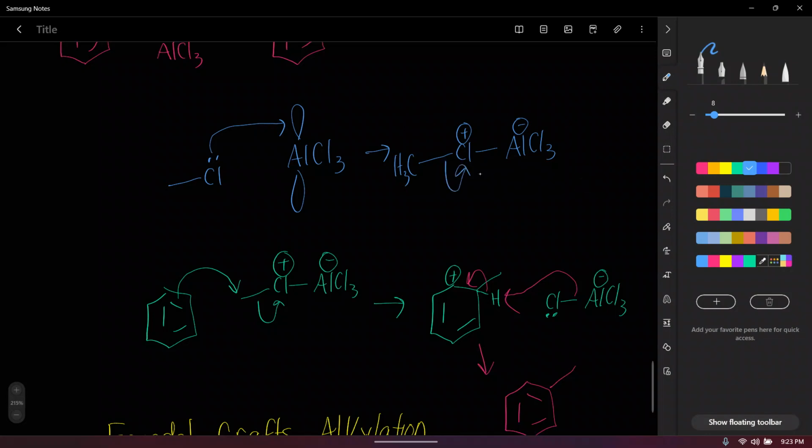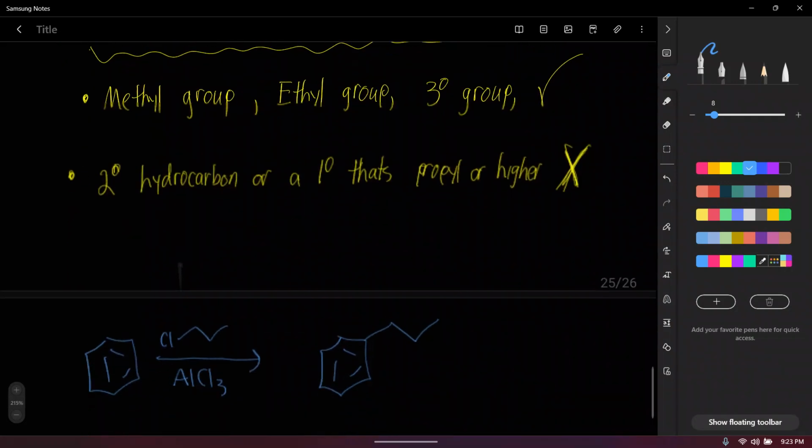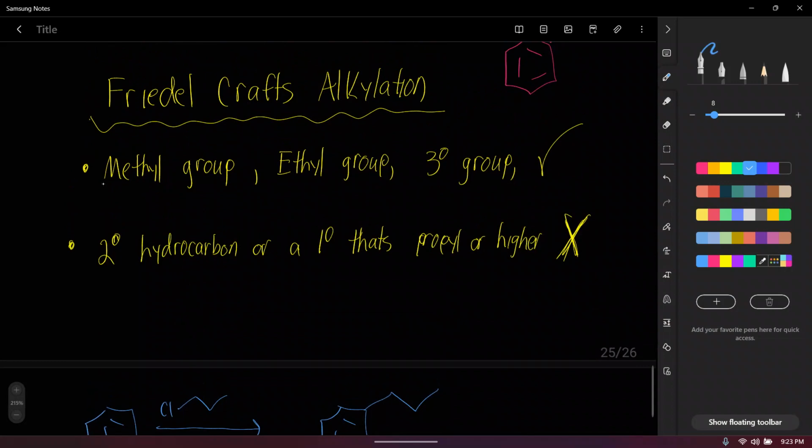Even if it did do that, right? And I formed CH3 plus. Okay. CH3 plus can't actually do a hydride shift. So there's nothing, this thing can't rearrange to a more stable carbocation. So therefore, benzene will still just attack the CH3 plus. Okay. So that's why methyl groups are okay.